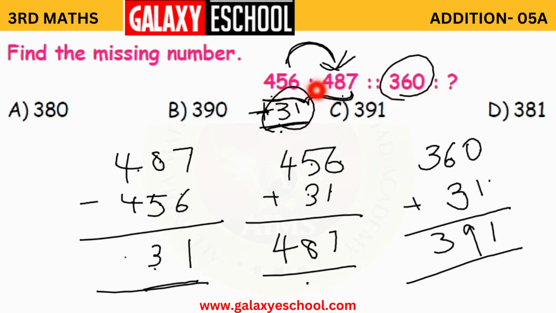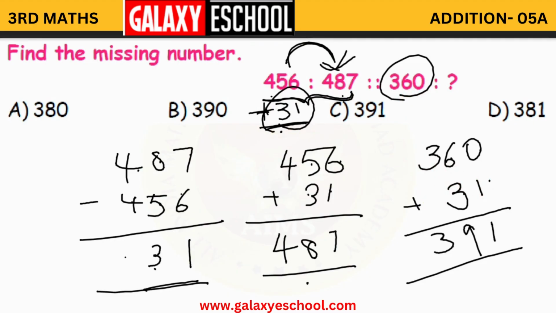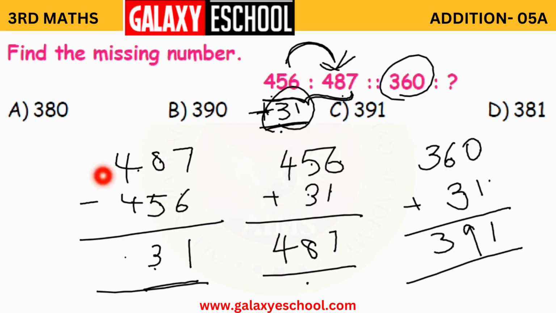Okay. Both the numbers are related in the same way. What relation do these two numbers have? The same relation exists between these two numbers also. So here we needed to add 31 to get the next number, so we are doing the same with 360 also. We added 31. Now let us look at the options. Option A 380, option B 390, option C 391, option D 381.